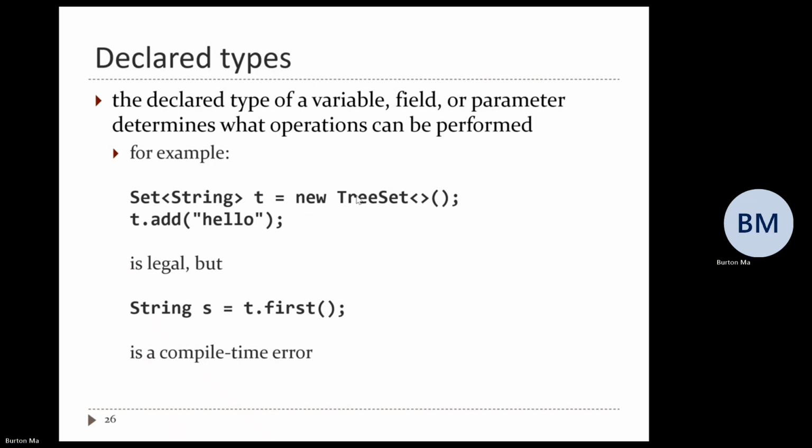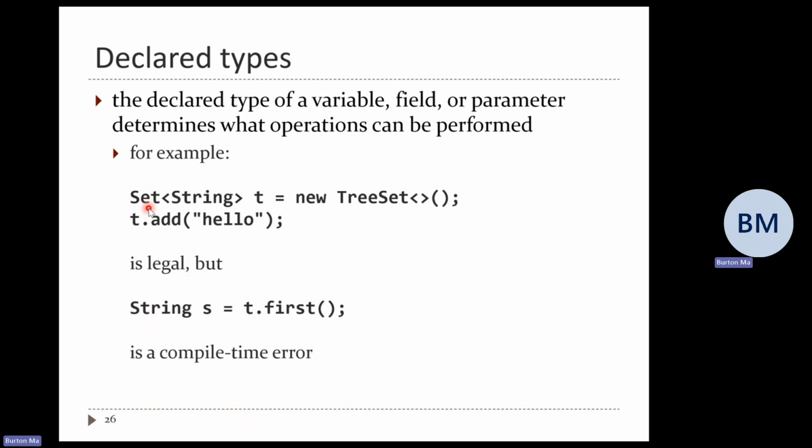Similarly here, t is a Set, but it's actually a TreeSet. All Sets have an add method, so if I write t.add, that works just fine. TreeSet is a sorted set, so it has a first method, which returns the first object in the set because everything's sorted.